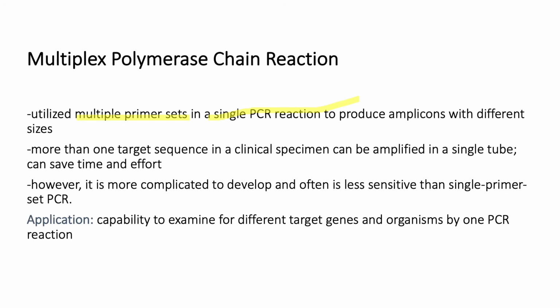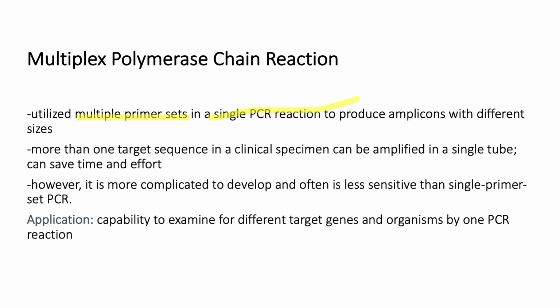Kung pare-pareho pala yung size ng amplicons. Again, when you say amplicons, these are the amplified fragments of DNA. Kung pare-pareho sila ng sizes, para saan pa? Hindi mo rin ma-distinguish kung sino yung ganitong gene, sino yung ganyang gene doon sa gel mo. Okay, so in developing a multiplex PCR reagent, dapat kino-consider mo number 1, yung annealing temperature, dapat pare-pareho sila.